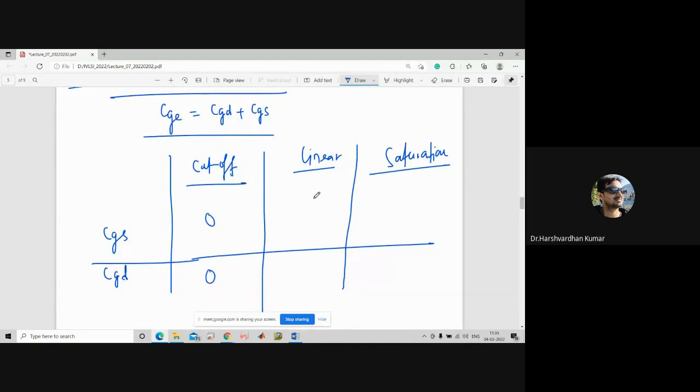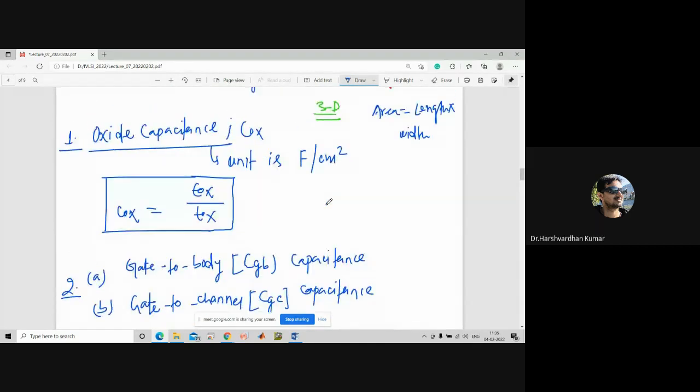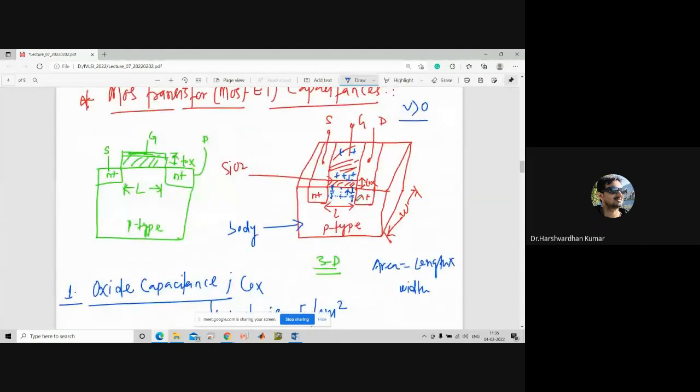What about the linear region? If you talk about the linear region, what will be the value of gate to drain and gate to source capacitance? Again, you have to take the oxide capacitance here.